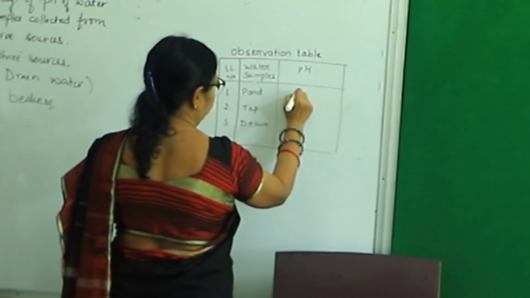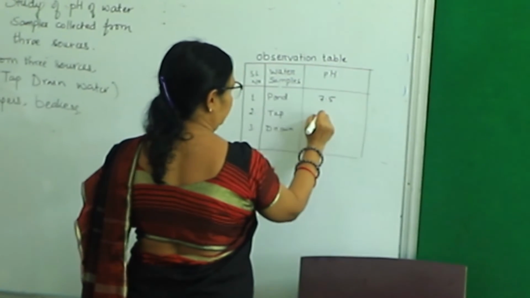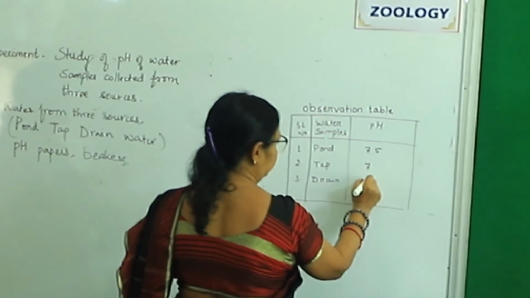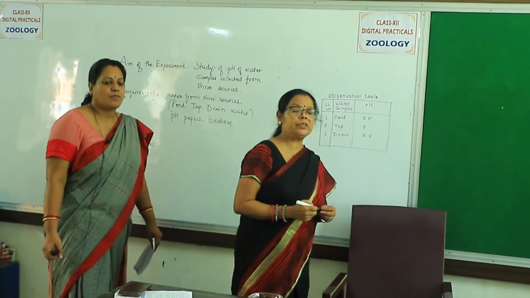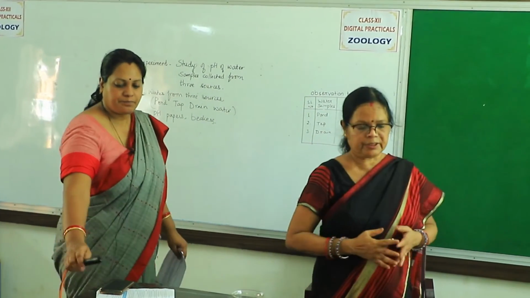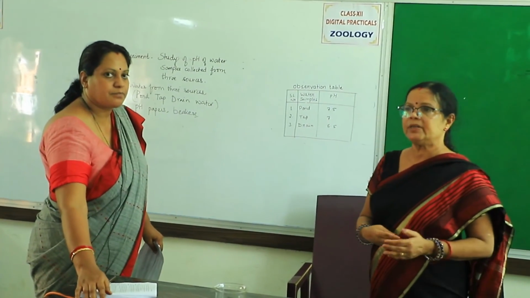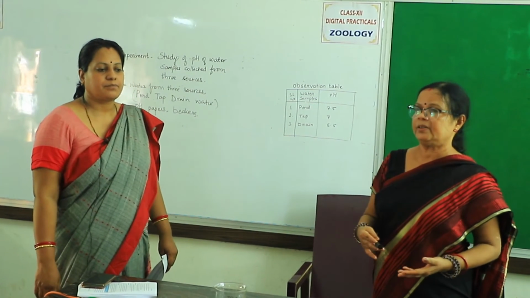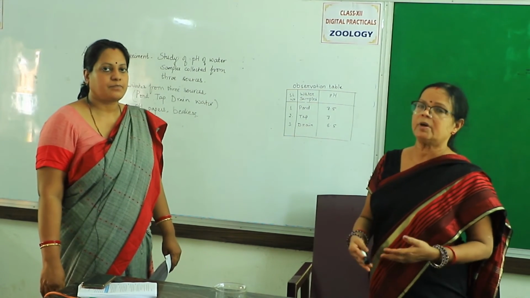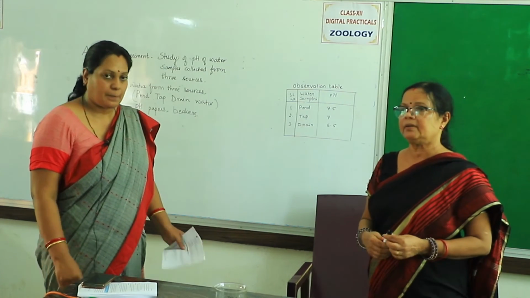Pond water 7.5, slightly alkaline. Tap water 7 and drain water 6.5, slightly acidic. So in this way you have to measure the pH of different water sources, which one is acidic, which one is alkaline, and which one is neutral. Also you have to find out where more organisms can grow, so you can decide.